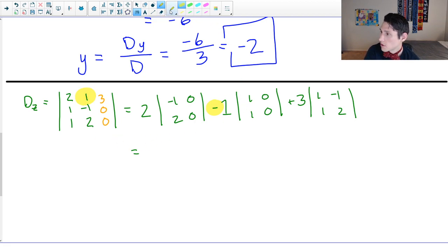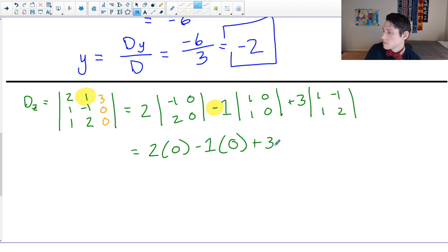The minus sign is part of the formula. And now we just do all these 2 by 2 determinants. 0 minus 0, 0. 0 minus 0, 0. 2 minus negative 1. So positive 3. 0 minus 0 plus 9 is 9.